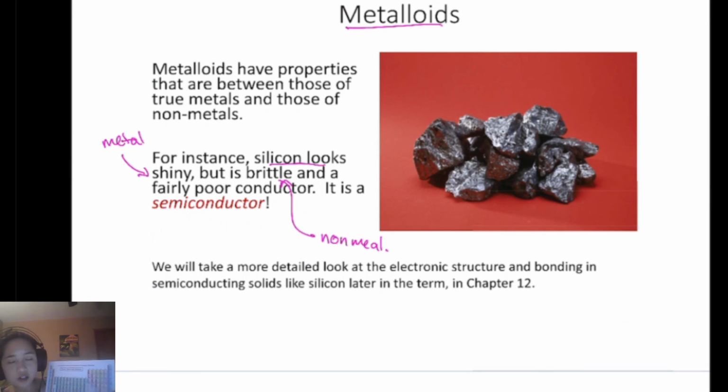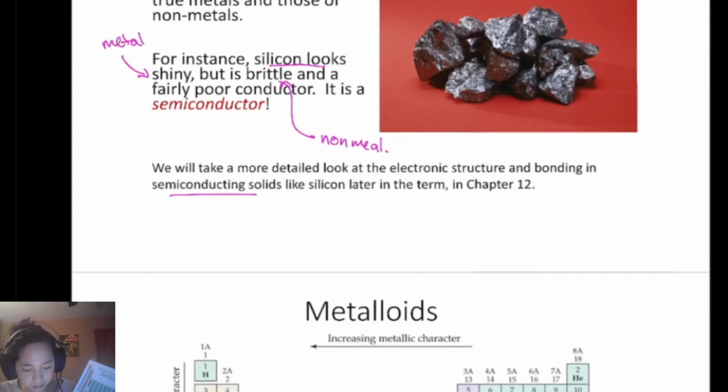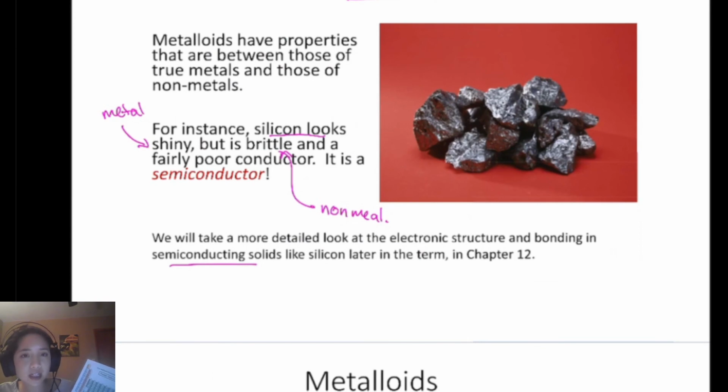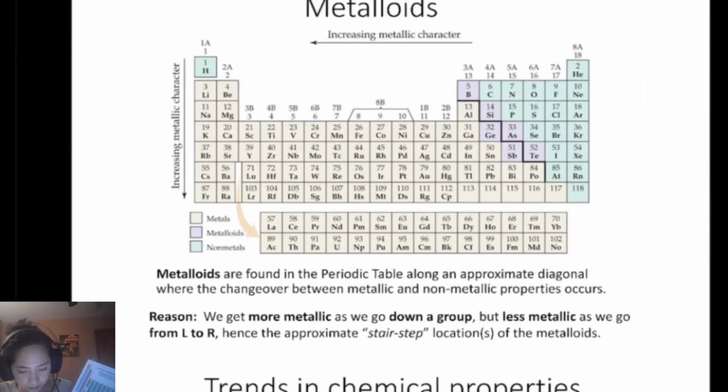We'll talk more about semiconducting properties in Chem 1220, but just know that metalloids have properties in between those of metals and nonmetals, and that silicon and its semiconductor properties are an indication of that.